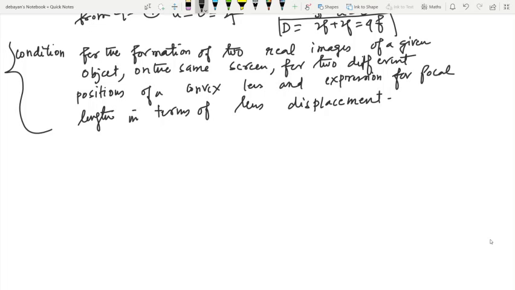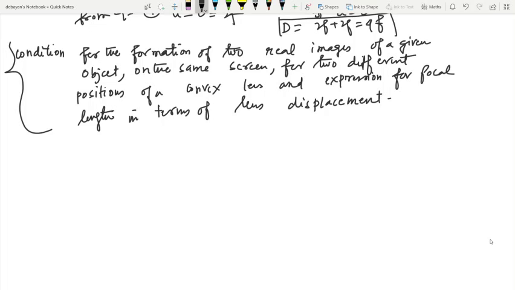So we know that the distance between the object and the screen is capital D, equal to u plus v, that is constant. So from that we get v equal to D minus u.